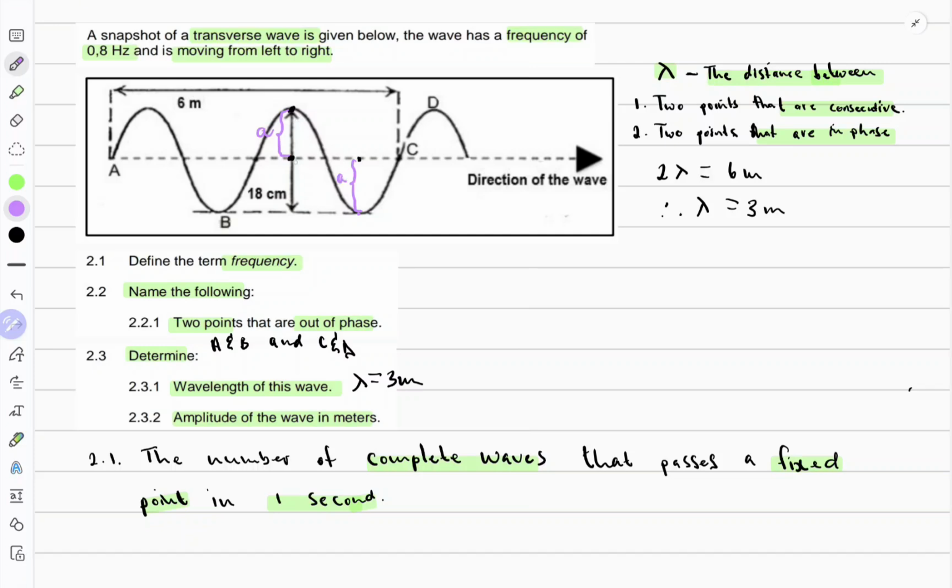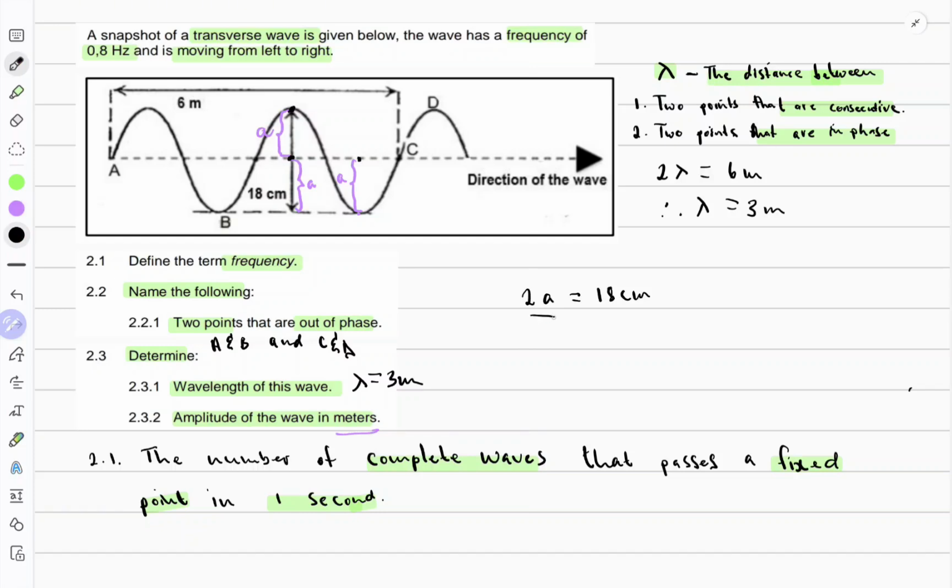So in essence, this 18 centimeters is 2 amplitudes. So you can say 2a is equals to 18 centimeters. But recall they want the answer in meters.